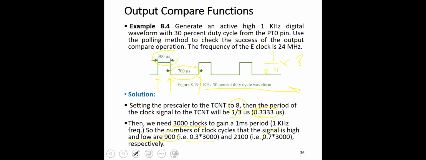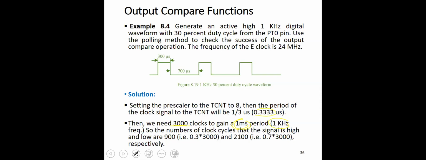And the same thing for the 0.7 times 3,000, we will have 2100. So again, to have a 1 millisecond period, we need to count for 3,000 clock cycles. It is 3,000 times 0.33, which is 1 millisecond, which is the period of the 1 kilohertz.